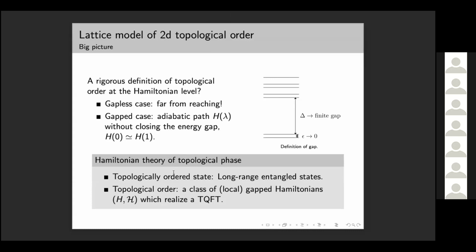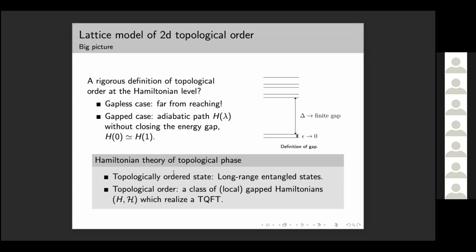Now, to discuss the lattice model of the 3D topological phase, I will first introduce some bigger picture. The first question is: what is the rigorous definition of the gap? We know that a finite system is always gapped, because it's a finite n by n matrix, so the first excited state and the ground state always have a finite gap.